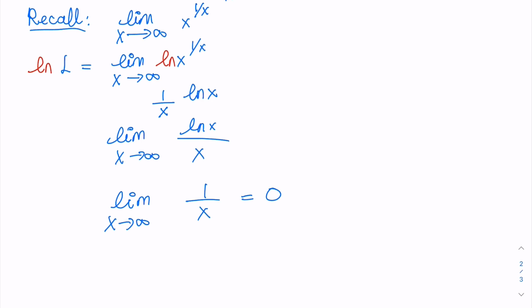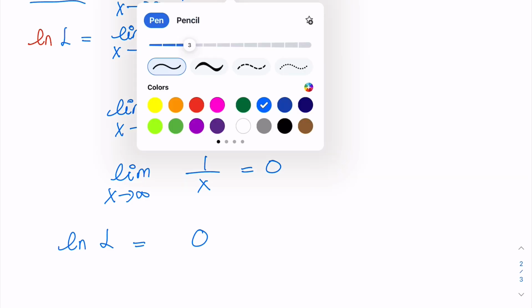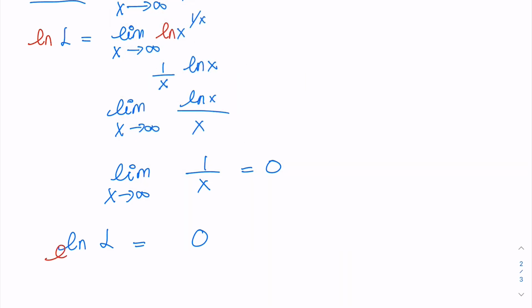So let's go back here. You see that we have ln of L right here equal to 0. So how do I get rid of ln? I'm going to take the exponential on both sides. So the limit is going to be 1.